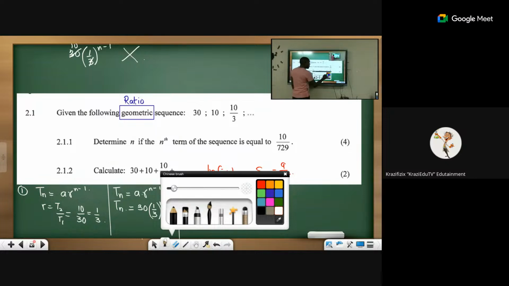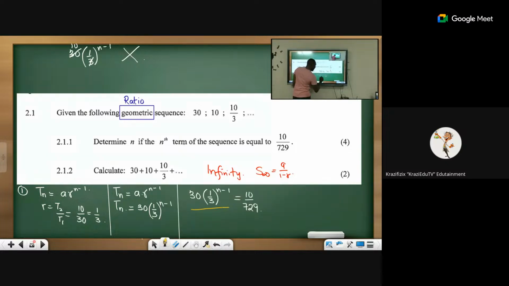What should we do? Let us divide both sides by 30. Do you want to help me divide? What are we going to get? So this would be what? The 30 would cancel there. 1 over 3 to the power n minus 1.